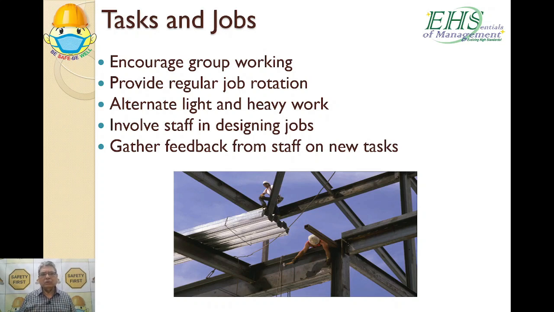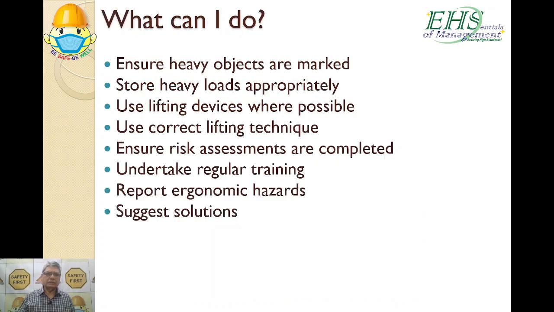There you have to provide job rotation, alternating light and heavy work. Give heavy work and light work alternately, involve staff in designing jobs, and let people give suggestions on how the job should be designed, because they know properly, since they are working on it. Gather feedback from staff on new tasks.